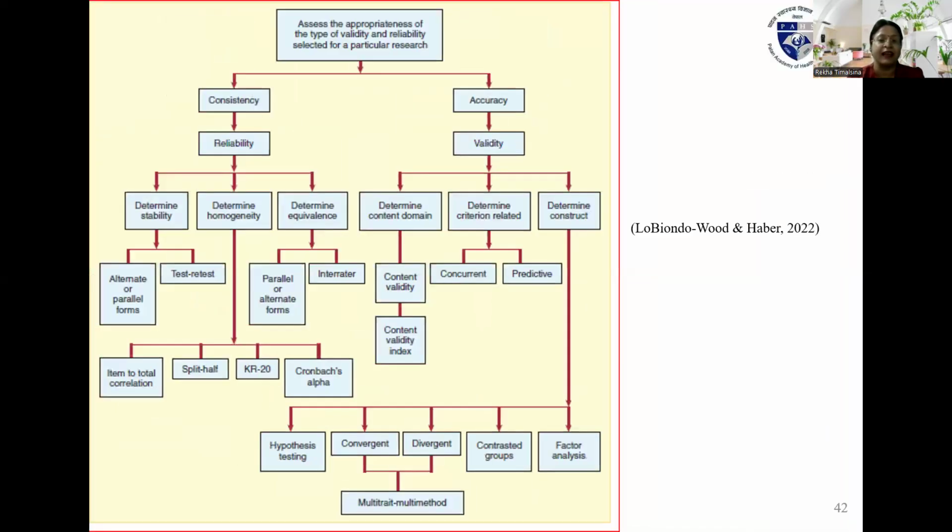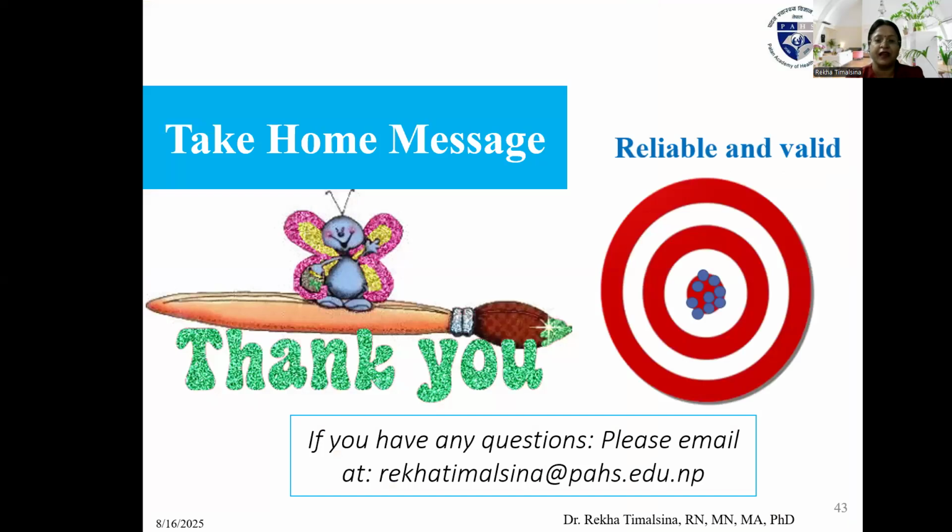This is the concluding slide of today's presentation, and this is the take-home message for you all. If you are planning to use previously developed instruments in your research, it is important to consider the reliability and validity established during their initial development as well as in subsequent studies. This helps ensure that the instrument is psychometrically sound and appropriate for the intended purpose.